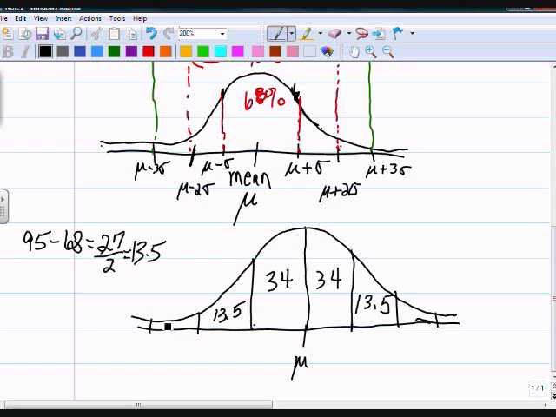Last 2 little sections, well, these little sections up here that go between minus 3 standard deviations and minus 2 standard deviations. So how do we calculate that number?